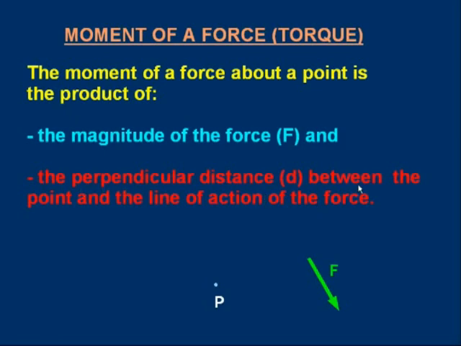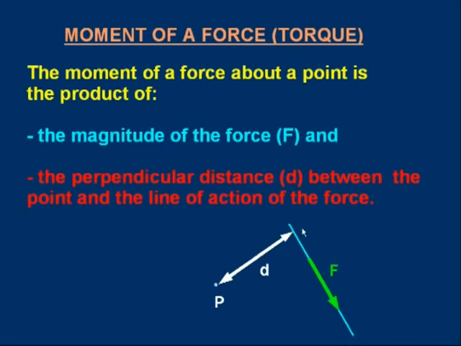So if you look at this diagram down here, we got the force F and we want the moment of this force about P. So draw the line of action, then draw a perpendicular from P to meet that line of action. That line there with length D. That's what we mean when we say perpendicular distance.